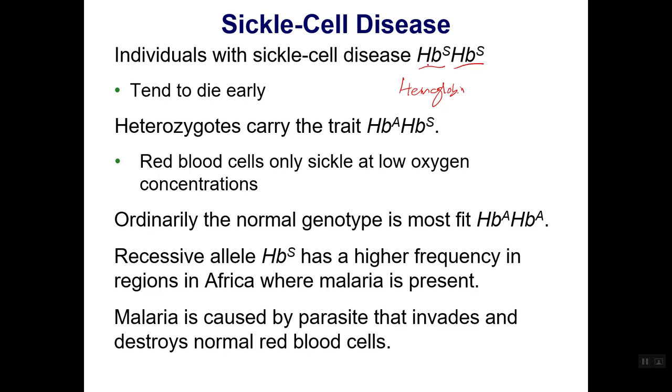These individuals that are homozygous for this gene, HbS, HbS, they tend to die early in life because those sickle cell genes that produce sickle cells in the blood tend to create medical problems. This is especially common for them to die in third world countries.